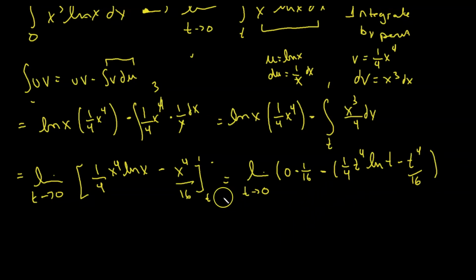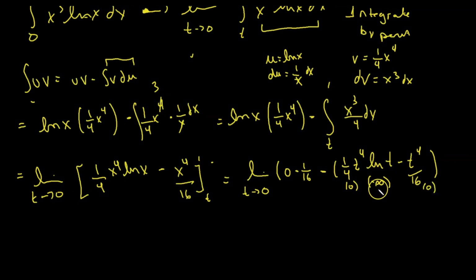Alright, so we can start taking the limit as t goes to 0. What happens when t goes to 0 when you plug it into the first term? ln of 0 will go to negative infinity. This one will go to 0, and this one will go to 0 as well.